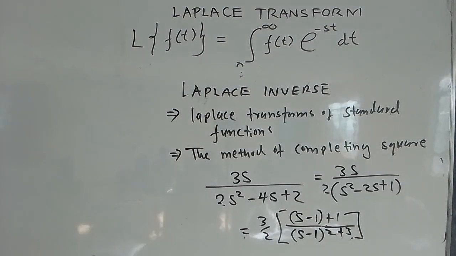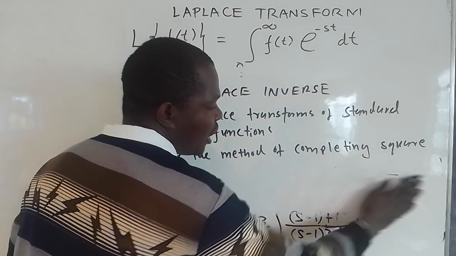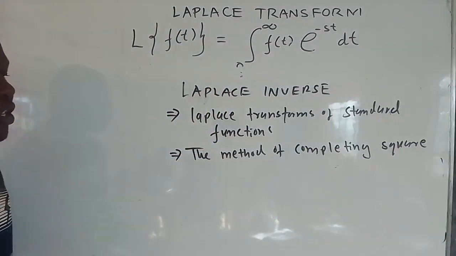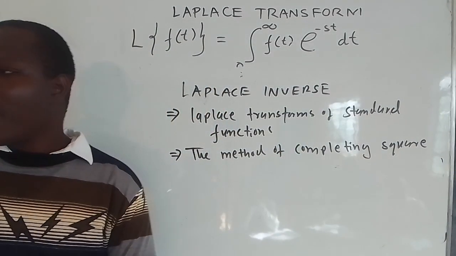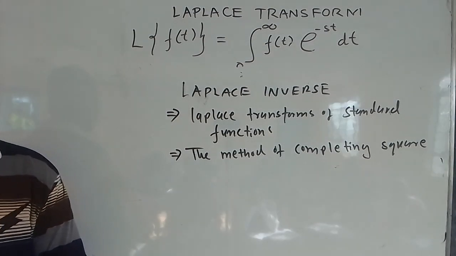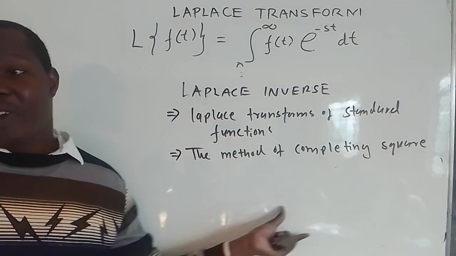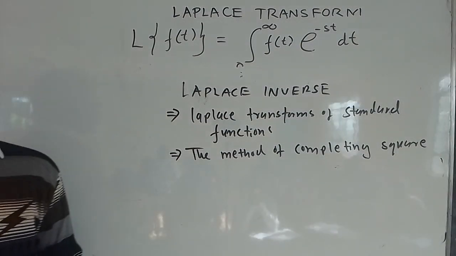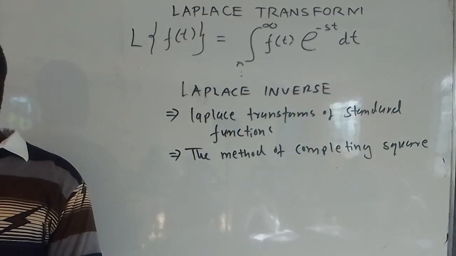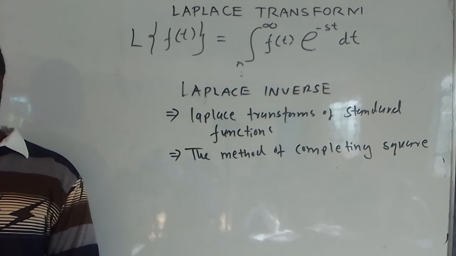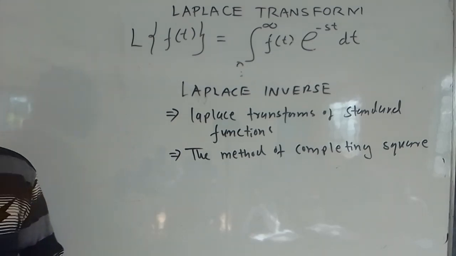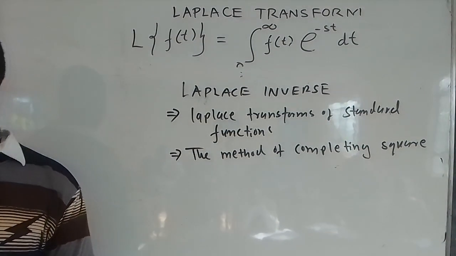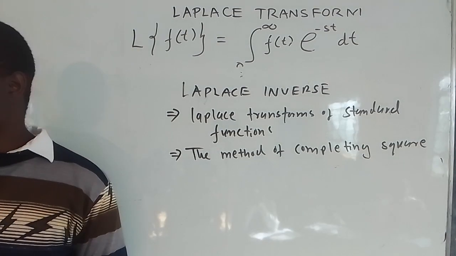So, our main concern here, we will see how to use the method of completing the square where it applies, and we will see how to use resolving into partial fractions where it applies. Meaning what will be guiding you is the Laplace transform of those standard functions, isn't it? You will be able to know, do I need to complete the square or do I need to resolve into partial fractions?